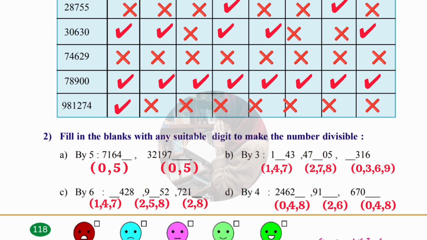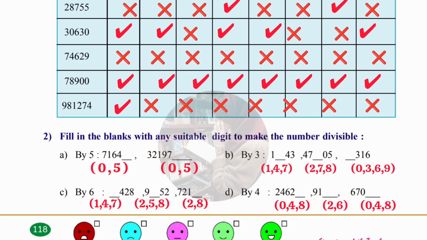If you put 0 or 5 for these two numbers, they are definitely divisible by 5. That's why I have written 0 or 5 in the bracket for each number. If you fill it with 0, the complete number is divisible by 5.